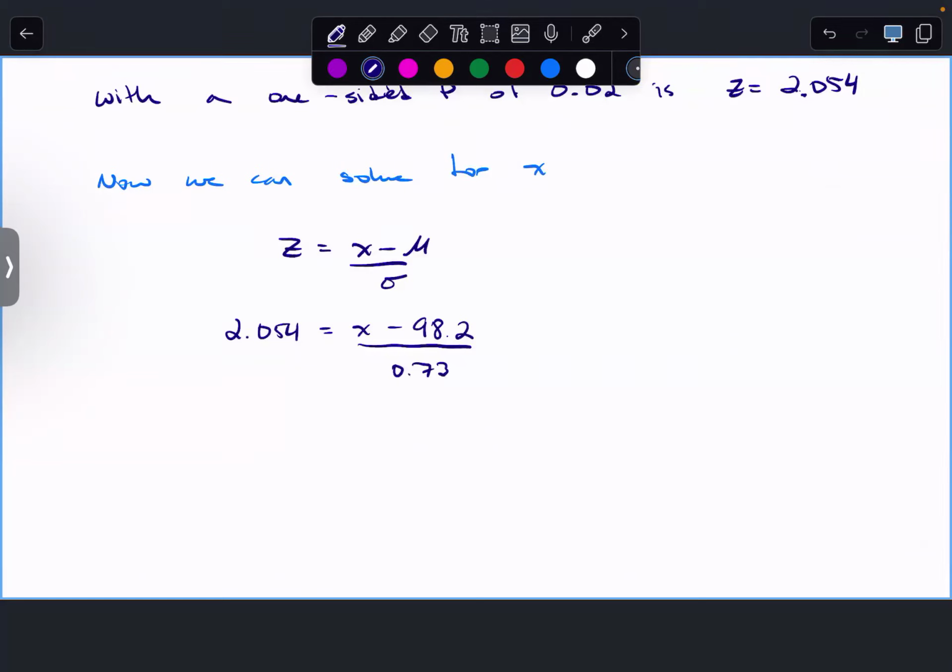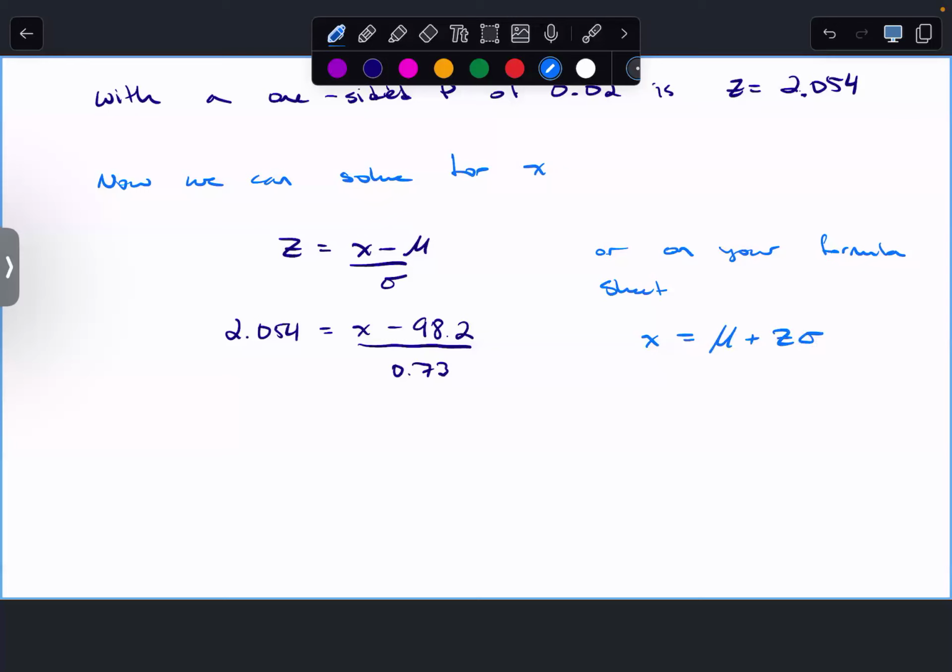I just use the same formula, but on your formula sheet it's already been rearranged. X is mu plus Z sigma.